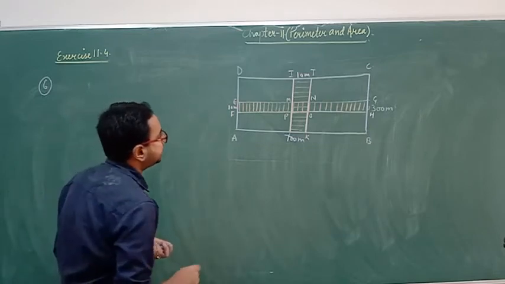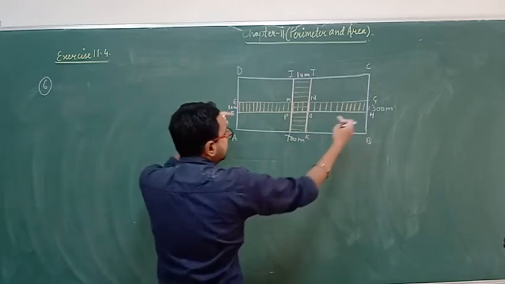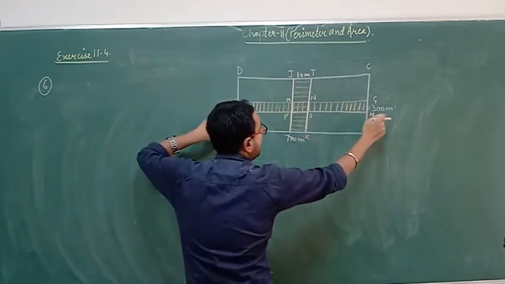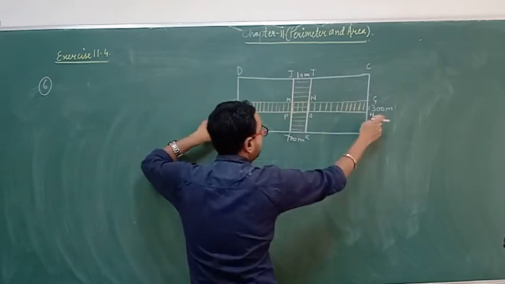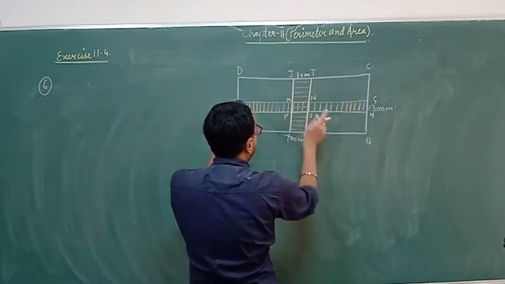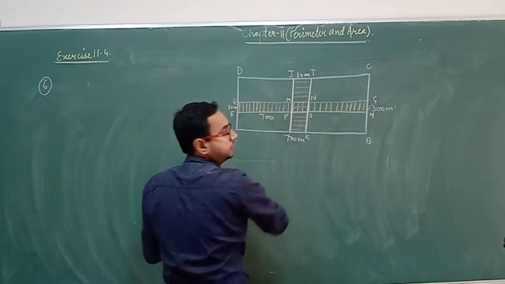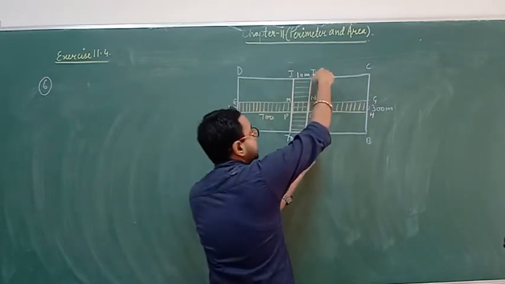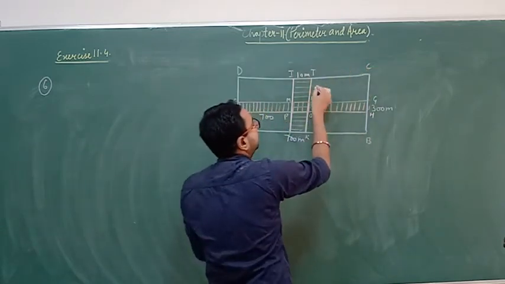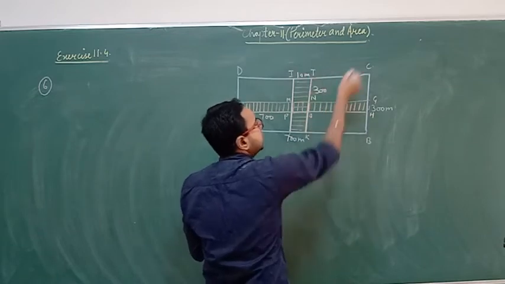Now understand, area of roads. Since this E, F, G, H I am talking about is parallel to AB, if this is 700, this also is 700. If this is 300, this is also 300, because they are parallel.